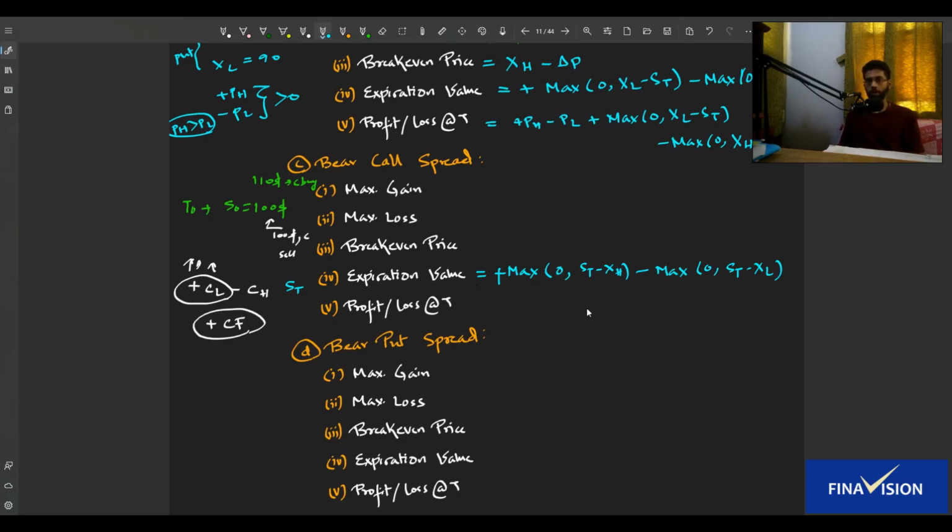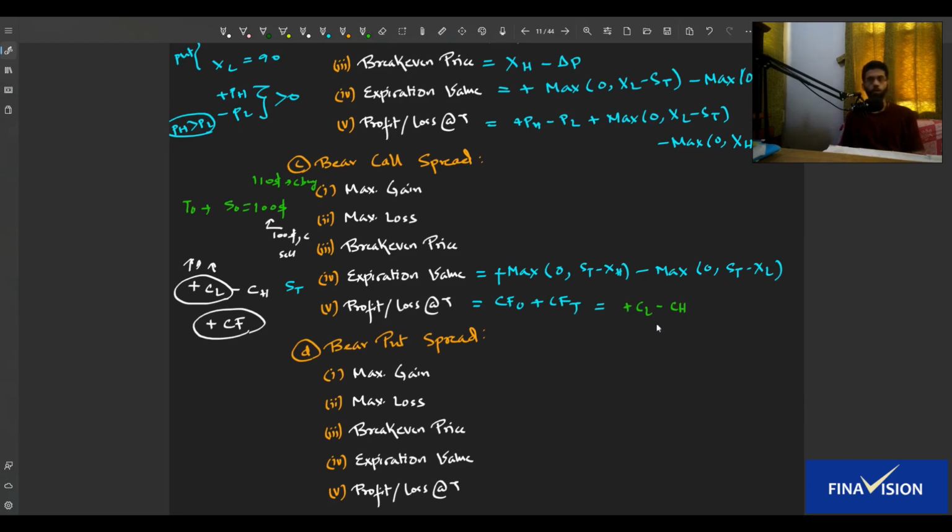And what is the profit and loss? This is the cash flow at expiry plus the cash flow at initiation. So this is equal to cash flow at 0 plus cash flow at expiry, right? Now we can easily write this: cash flow at 0 is plus CL minus CH, right?